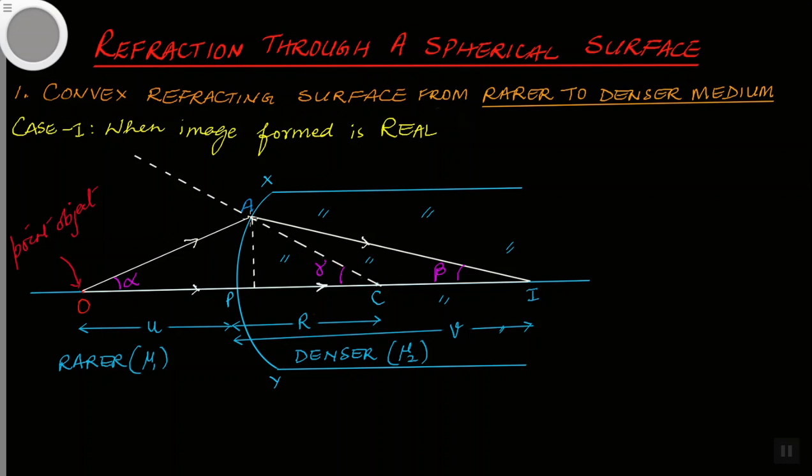So this radius will be perpendicular to the surface. If I extend this in this direction, then this dotted line will give us the normal. Understand? So OA is the incident ray, and this is the normal.